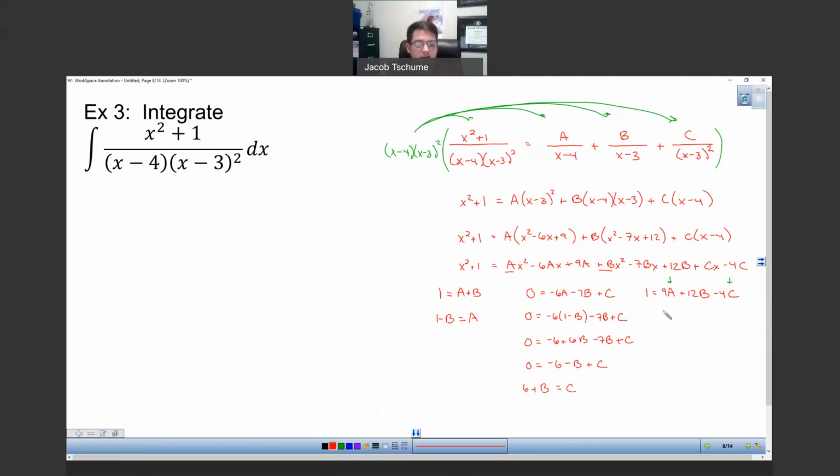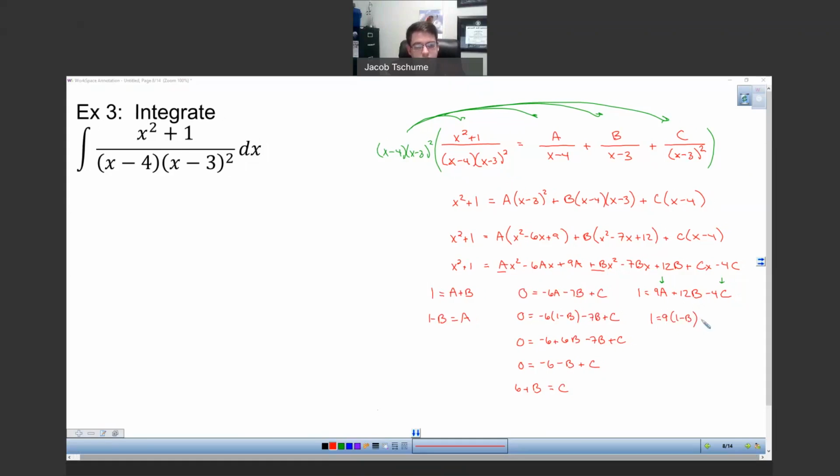So if I start plugging my information into the third equation, we will have 1 equals 9 times 1 minus B, plus 12B, minus 4 times 6 plus B. And I just substituted in my two equations.